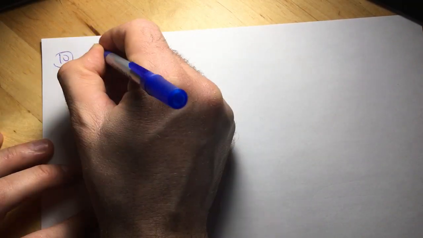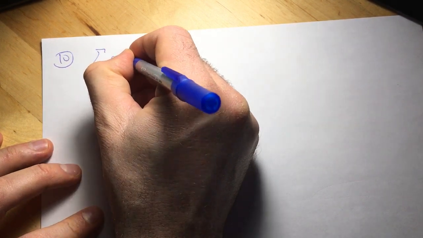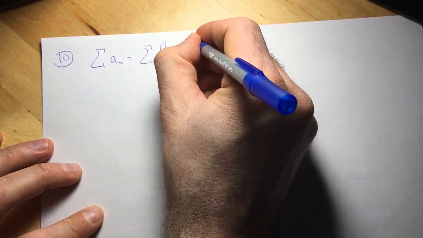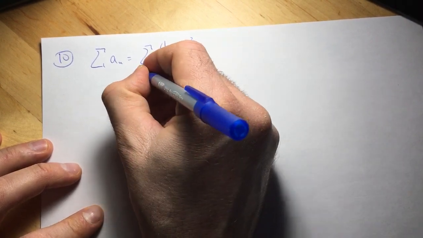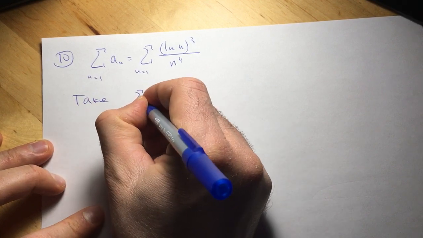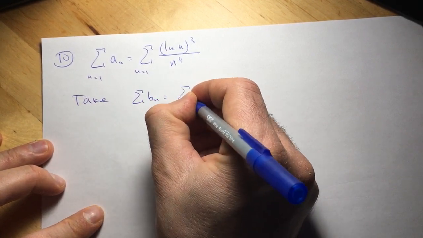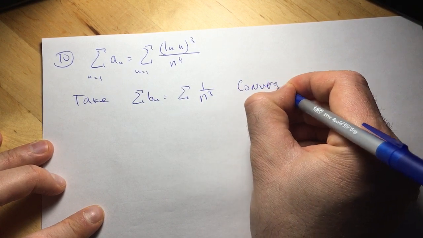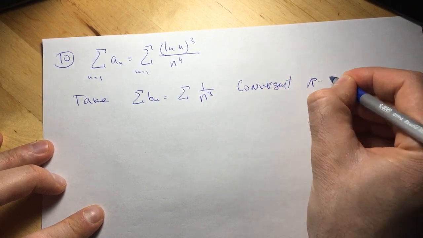Okay, so what else we can do? So again, I'm doing 10 and I'm trying to figure out how this function behaves. So now I'm going to take sum of bn to be sum of 1 over n cubed, again a convergent p-series.